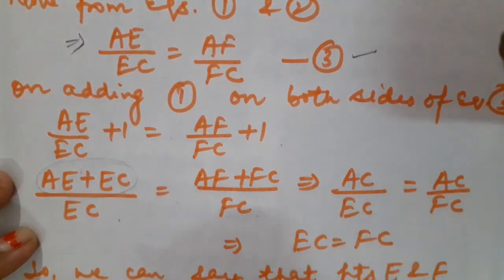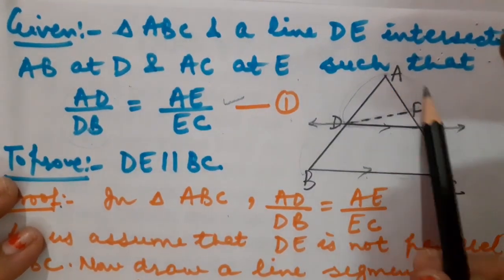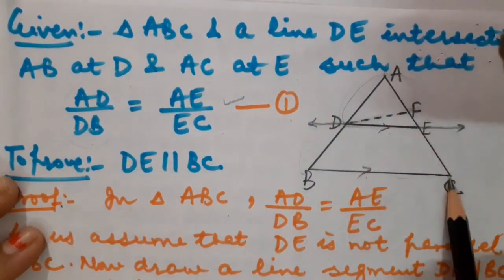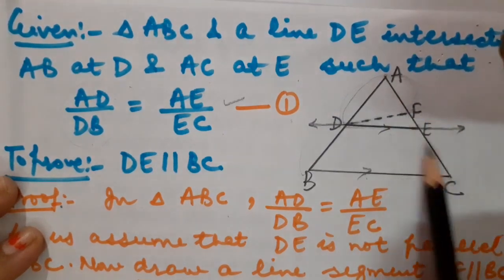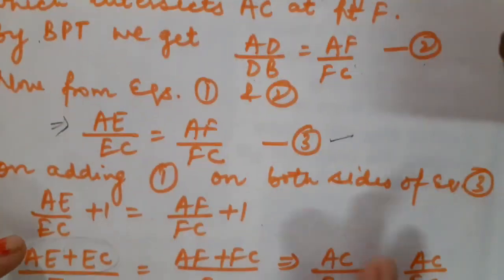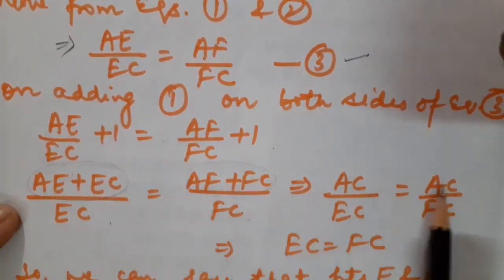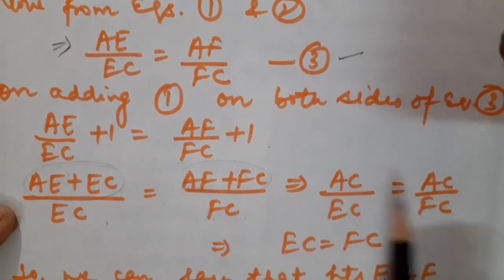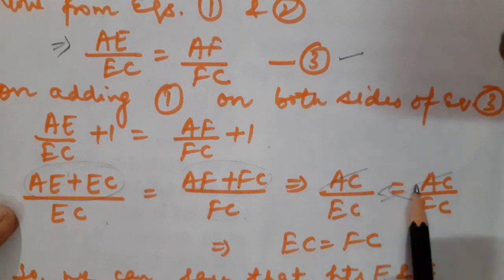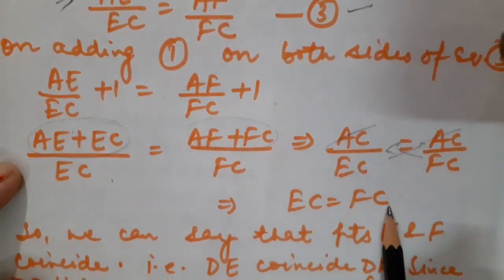This is complete AC. Have a look. In the same manner, AF plus FC is also complete AC. So here both are replaced by AC. So it would become AC upon EC is equal to AC upon FC. AC and AC are going to be cancelled. So while cross multiplying, I have got EC is equal to FC.